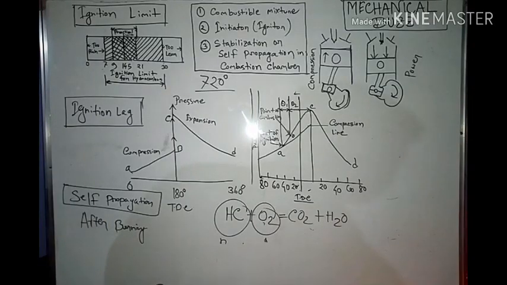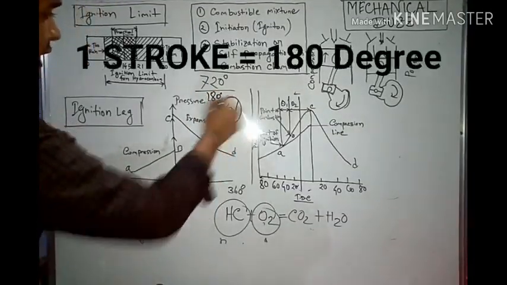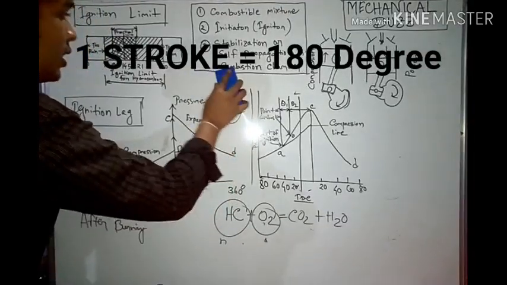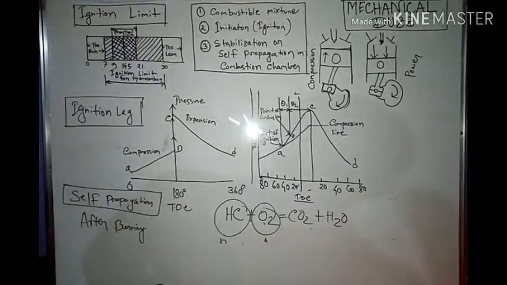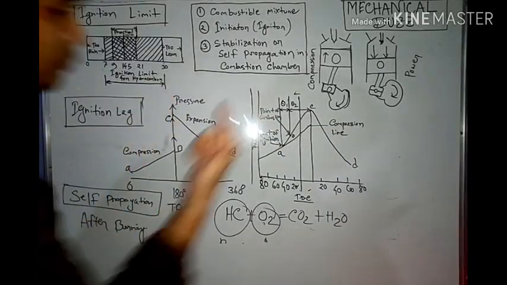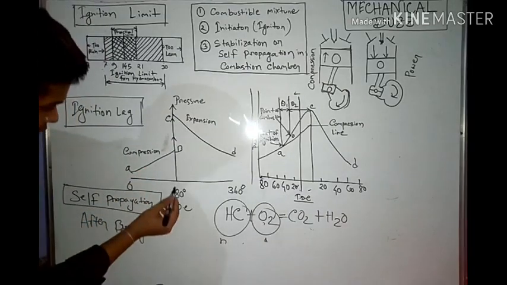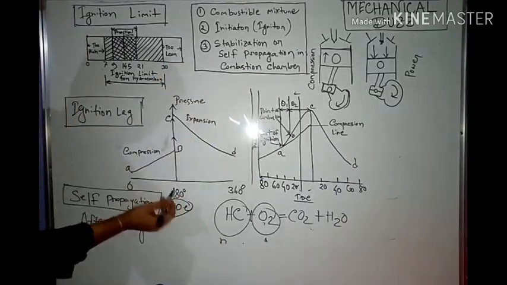Remember, 180 degrees. If you divide 720 by 180, you get 4, meaning four strokes happen. So one stroke means 180 degrees. You can see here the point denoting the TDC, the top dead center.